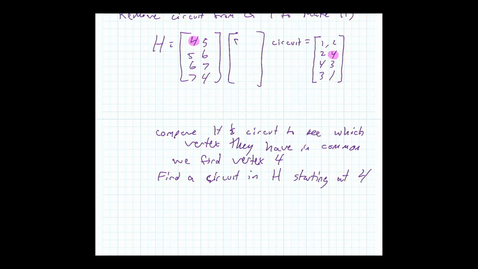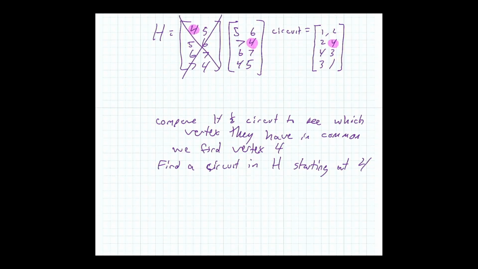So let's say I had gone 5, 6, 7, 4, 7, 6, 5, 6, 7, 4, 6, 7, 4, 5. There's no reason why we should be using that, but I'm going to use this for my H instead, just to show you. That way the edges wouldn't be written in the same order, but it's the same graph.